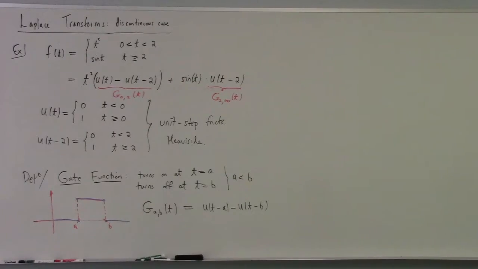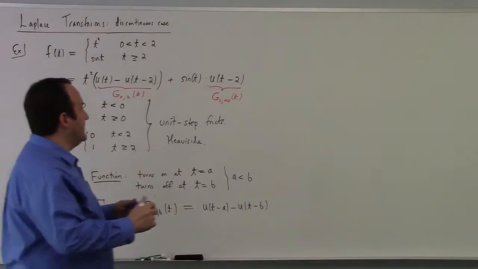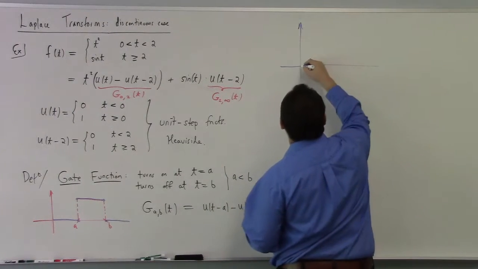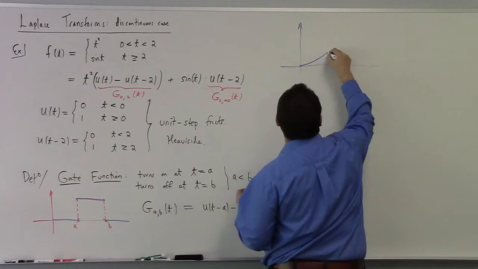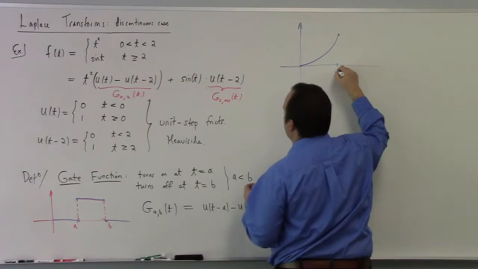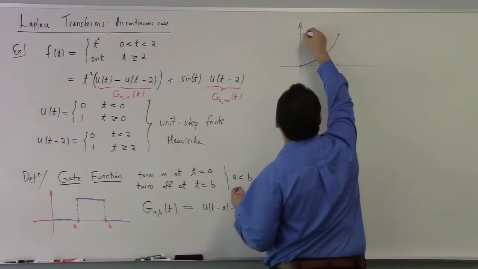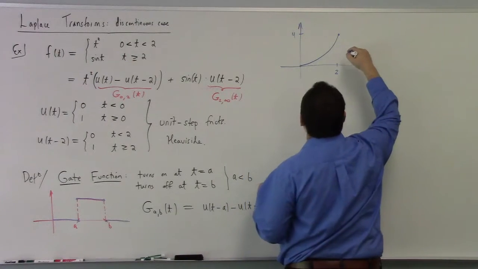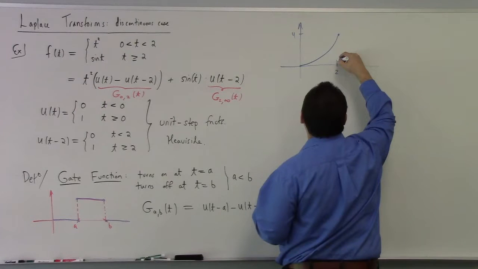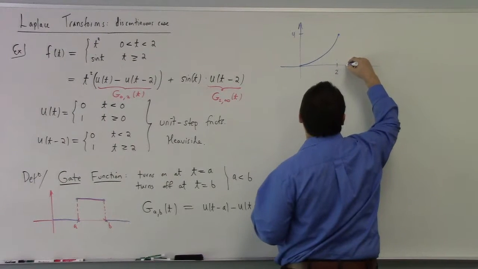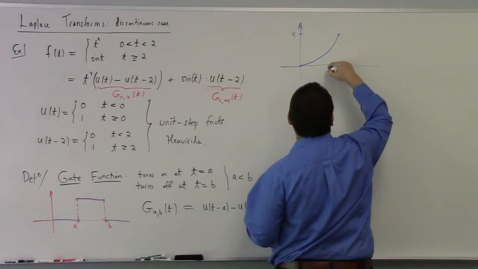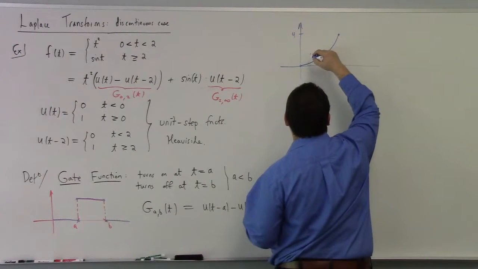The f of t function is something weirder, right? This actually would look something like, so it's t squared, right? Up here to, say, time 2. So this would be 4. My graph's not very good. Sine of 2 is on its way to pi, right? So, let's see here, if I could think.